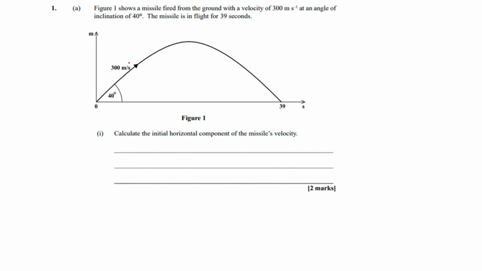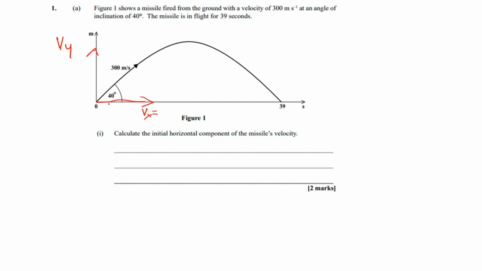So here we have this 300 meters per second velocity vector, and it will have its horizontal component. We can call this v of x, and we can have v of y. Of course, we can figure out what they are based on where this angle is positioned, 40 degrees.